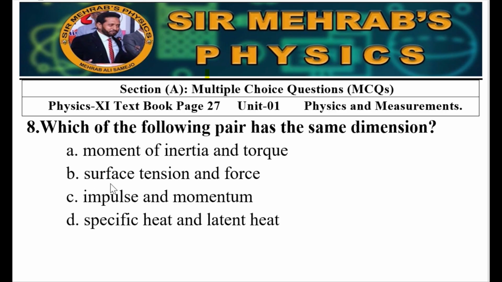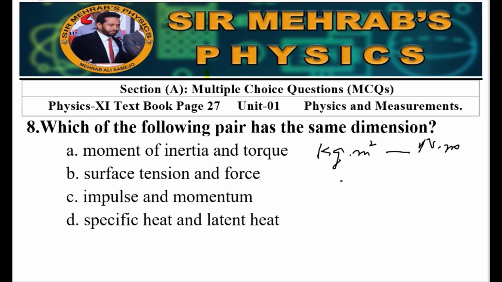When you talk about the moment of inertia, its unit is kg meter square, and the unit of the torque is Newton meter. So that means they might not have the same dimension.